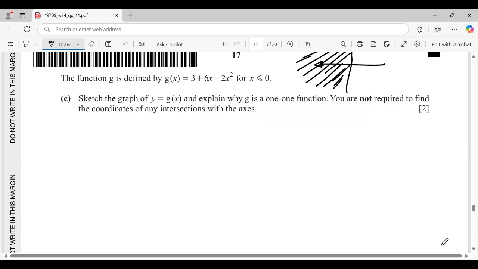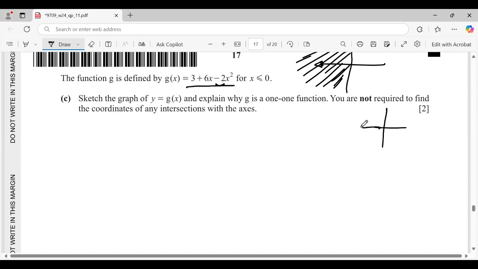If you sketch this graph, g(x) equals 3 plus 6x minus 2x squared, it is a downward opening parabola because of this minus.